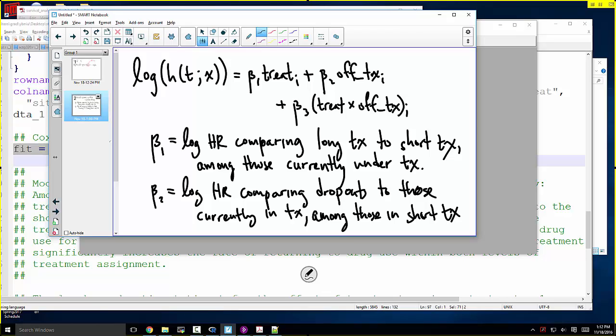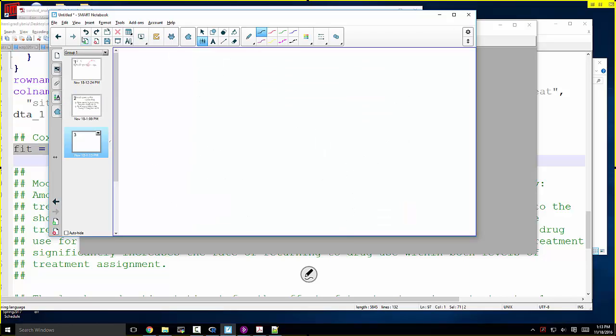Beta 3 then is an interaction effect. So interactions we interpret like differences of differences. In this case, the differences are log hazard ratios. So beta 3 would be a difference of log hazard ratios.